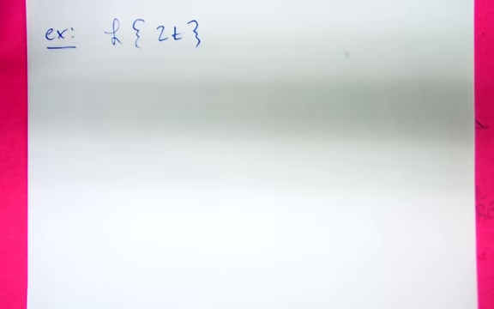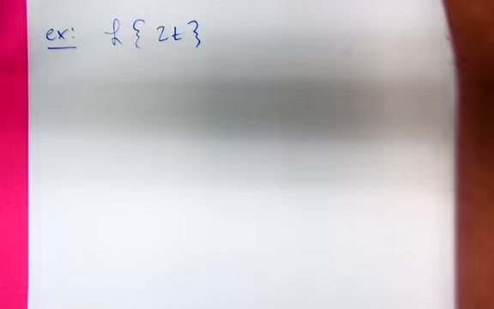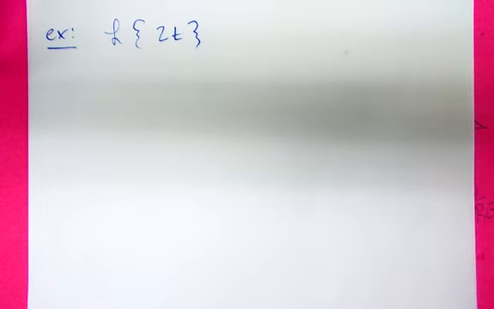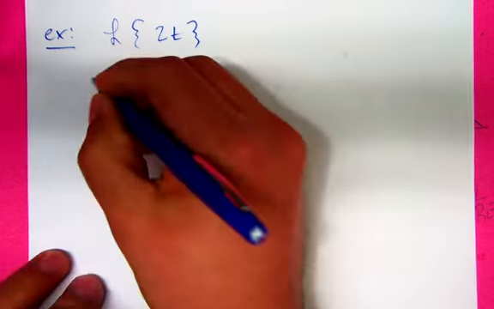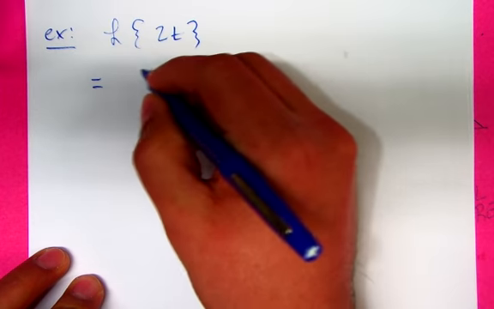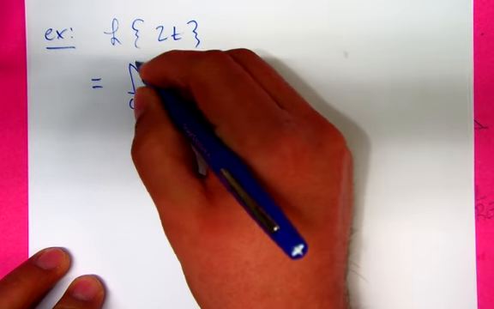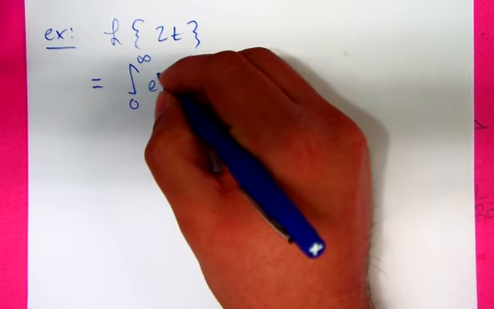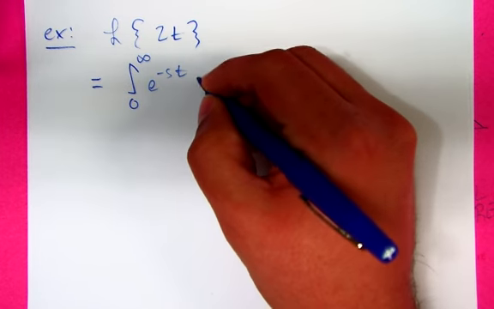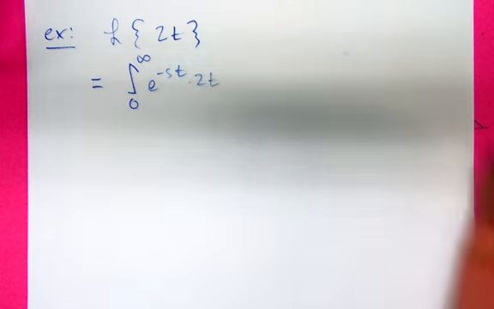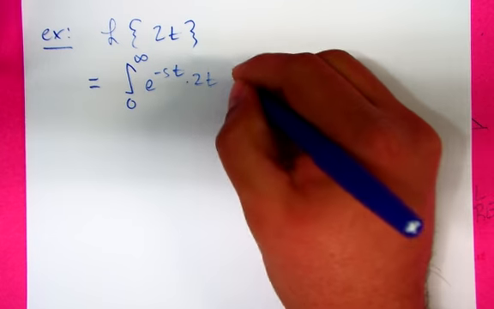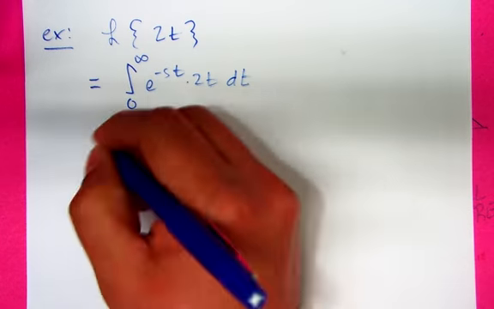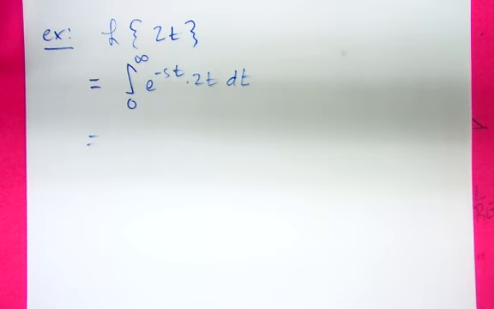So let's say you want to take the Laplace transform of 2t. Definition says we should integrate from 0 to infinity of e to the negative st. Markers are not good.